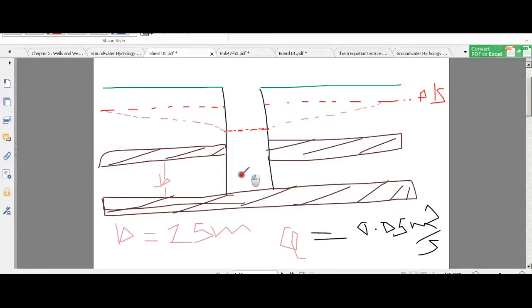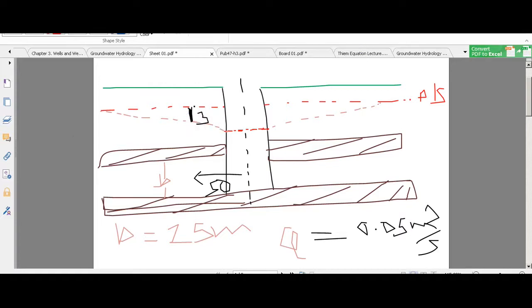Let's say 50 is the center line. So when it is 50, the vertical length difference from the piezometric surface to this curve is 3.